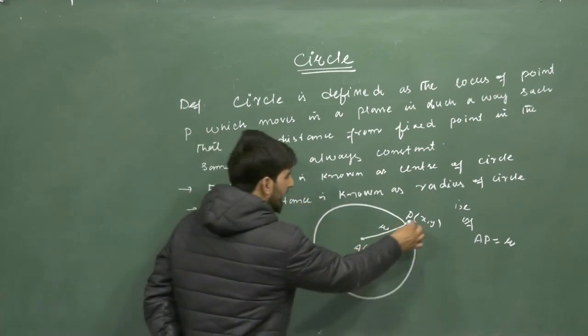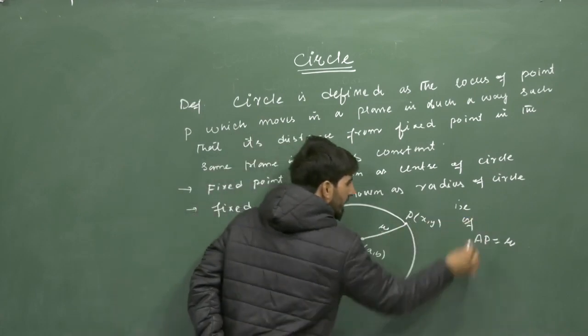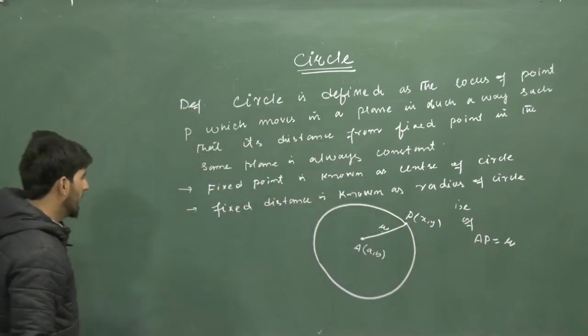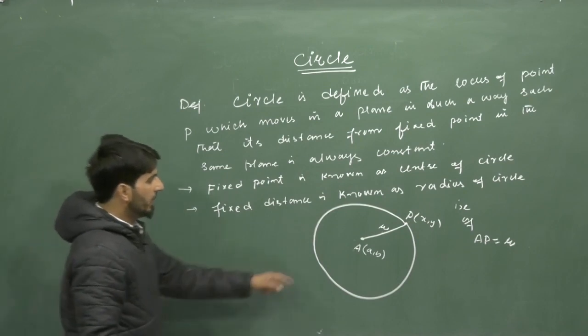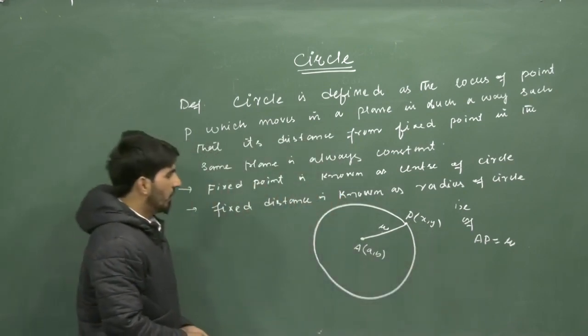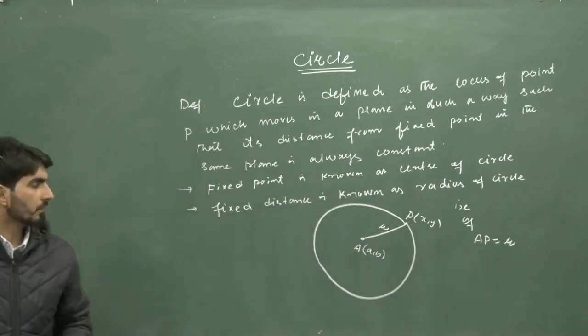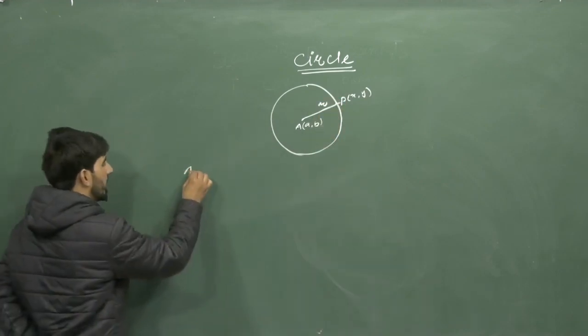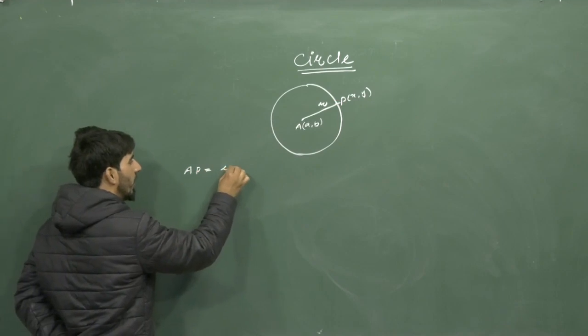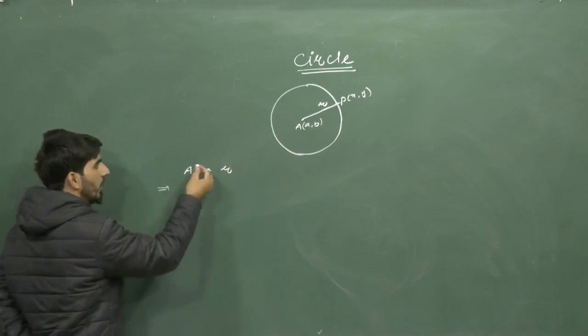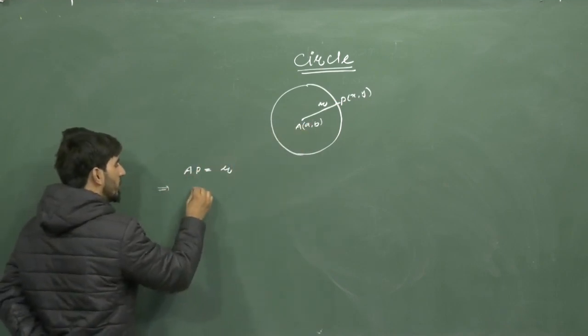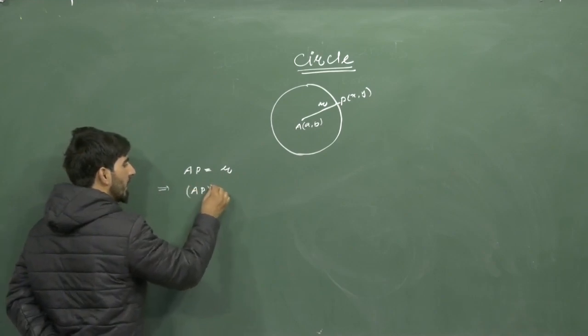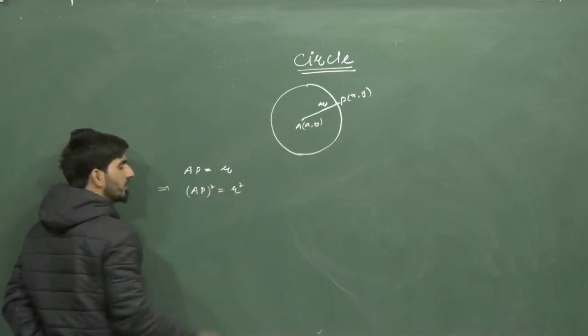So here the condition is AP is equal to R, which implies, squaring both sides, AP square is equal to R square.